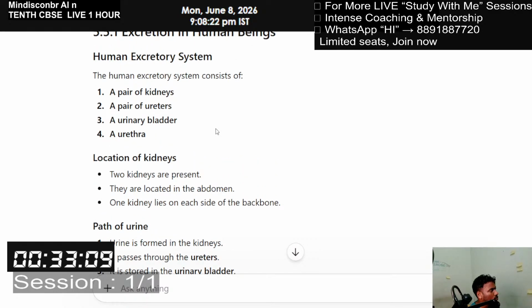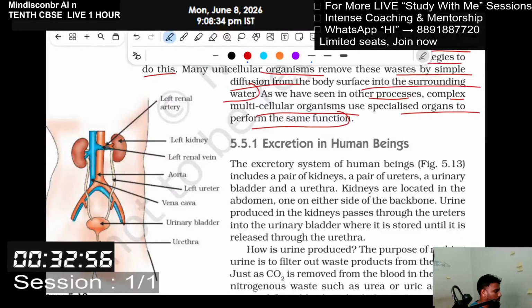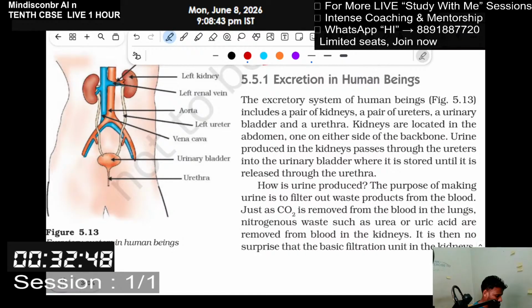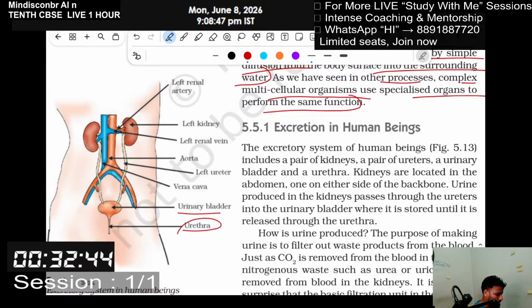So what does the human excretory system consist of? A pair of kidneys, a pair of ureters, a urinary bladder and a urethra. Just go to the figure. In the figure you can see a urinary bladder, urethra, and the kidneys.